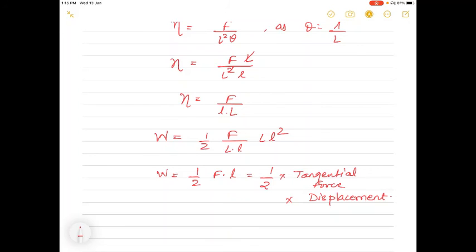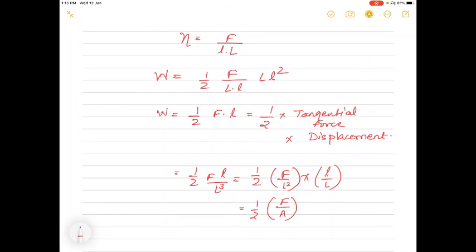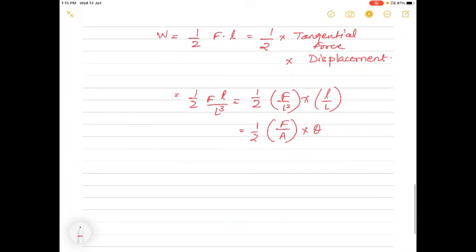The volume of the cube is L cube, therefore work done or energy stored per unit volume is equal to half of F l upon L cube, which is equal to half of F by L square into l by capital L, which is equal to half of F upon A into theta, which is equal to half of shearing stress into theta, that is shearing strain.